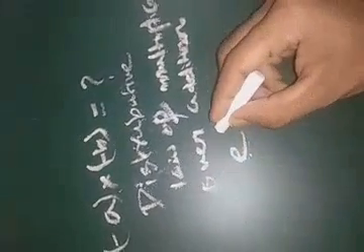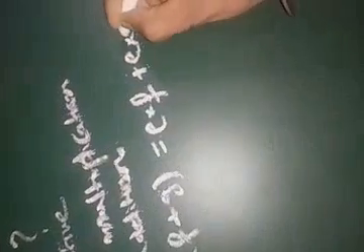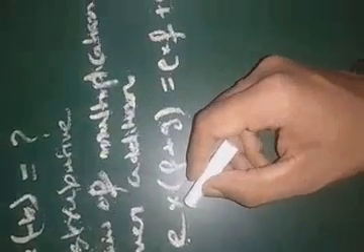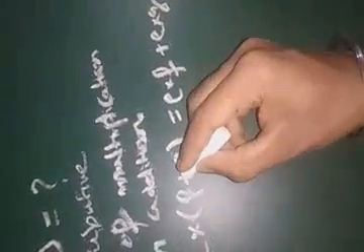The law is formulated as E times (F plus G) gives you E times F plus E times G. You have seen there that the multiplication is distributed over addition, isn't it?